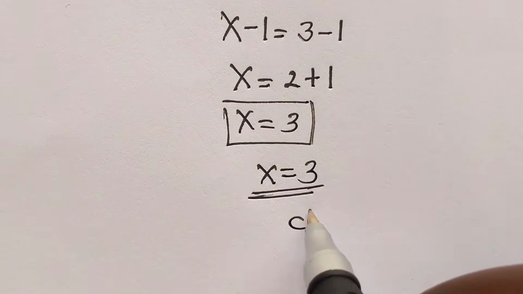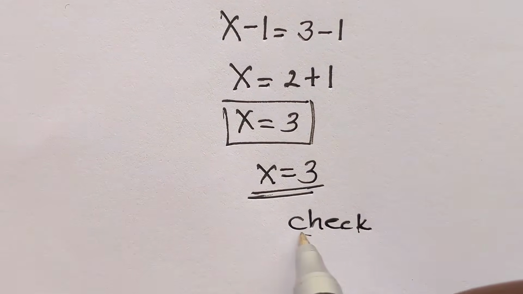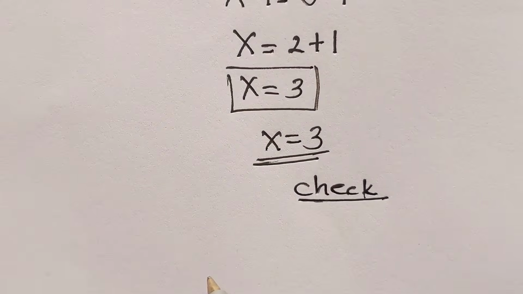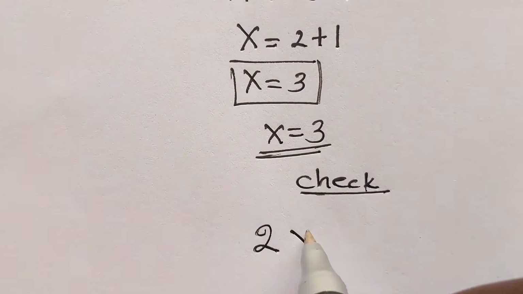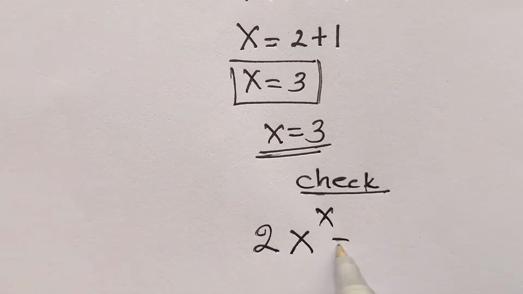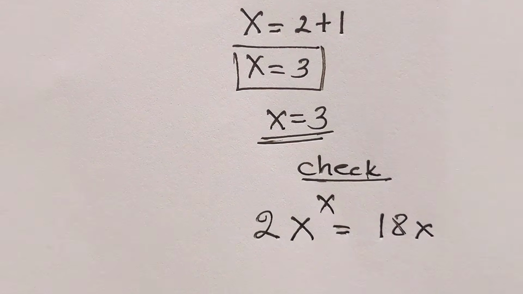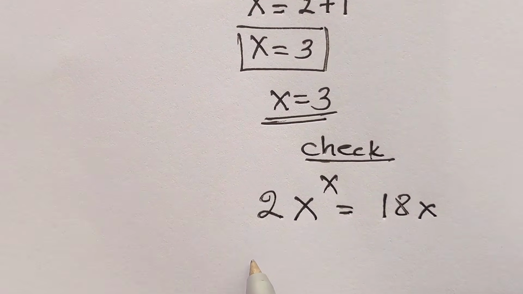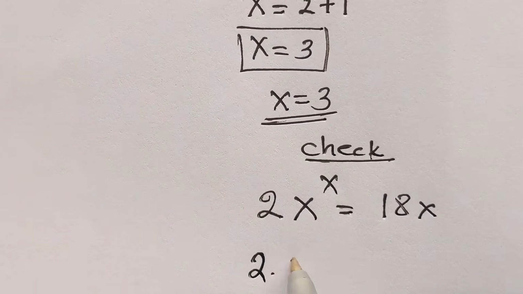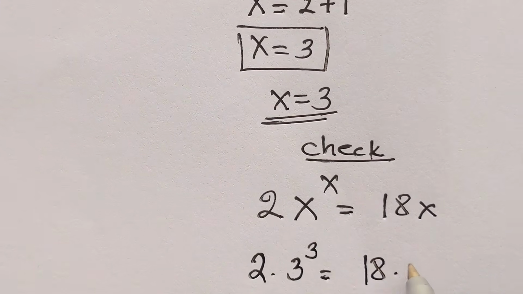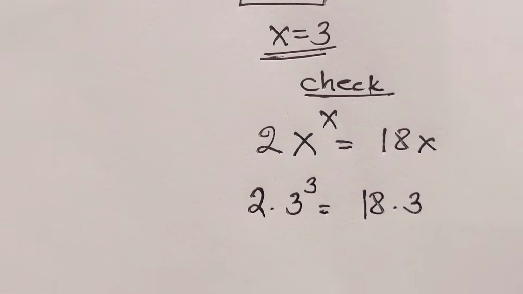So here we have to check if the answer is correct, because we have been given 2x^x equal to 18x, so we have to write this one as 2 times 3^3 equal to 18 times 3, right?